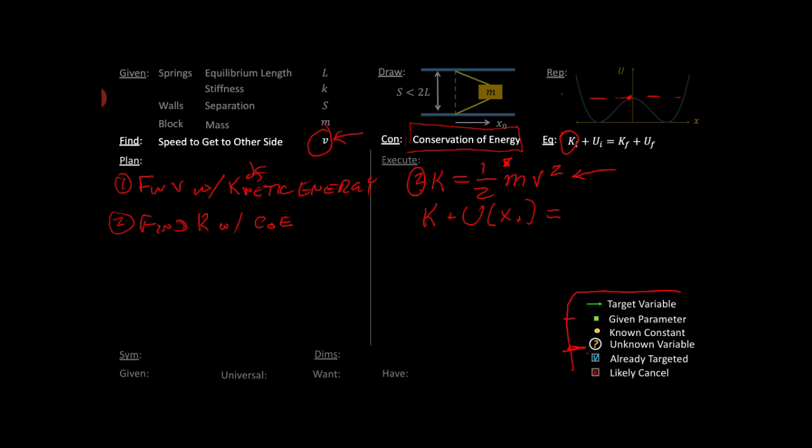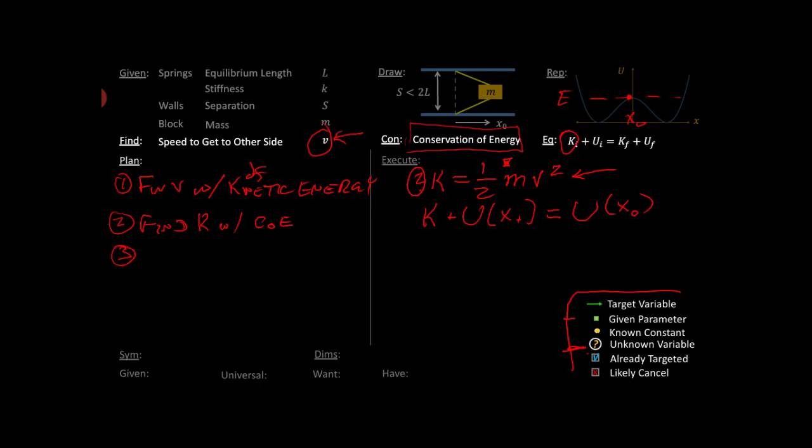That is our total energy right here, which means that all of the energy is going to be in the potential energy at this spot here. So we can get rid of any other kinetic energy there and just use the potential energy there at x0, or what we will later call 0. But we're pretending we don't know yet.